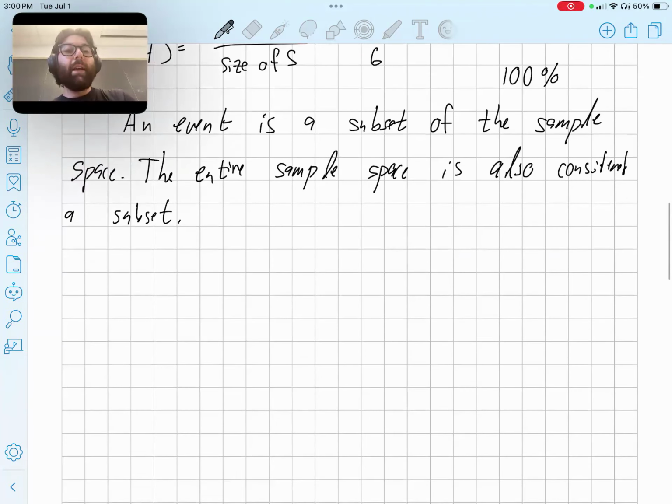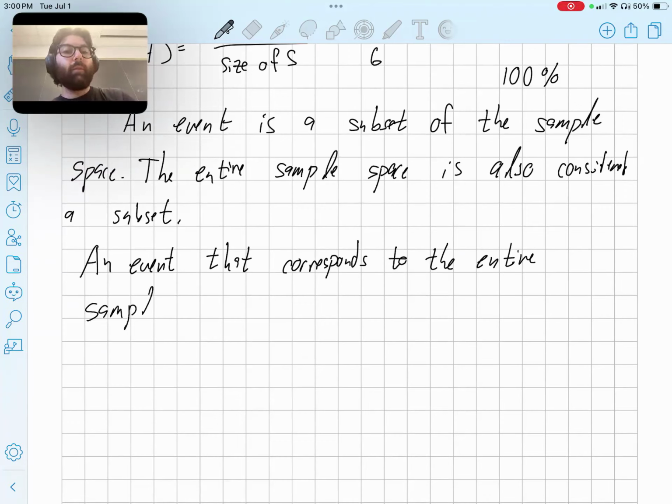And so all this to say is an event that corresponds to the entire sample space is called the certain event.